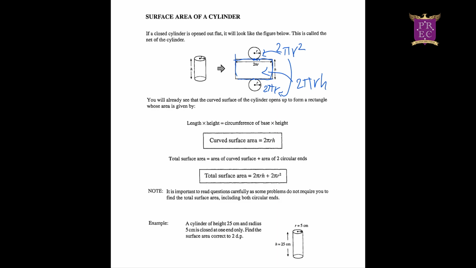So the first expression is the surface area of the rectangle, the curved surface which has been flattened, which gives us 2 pi r times the height, and then we add it to this over here, which is 2 pi r squared, the areas of 2 circles. So this is our surface area of a cylinder formula.